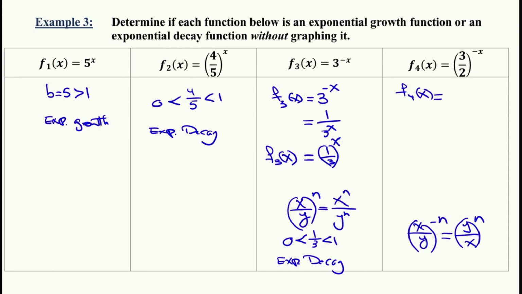So we notice that we can do that here and say this is equal to 2/3 to the power of x. So once again, we notice that once we do the proper conversion, the 2/3 falls between 0 and 1. Therefore, this is also representing an exponential decay function.